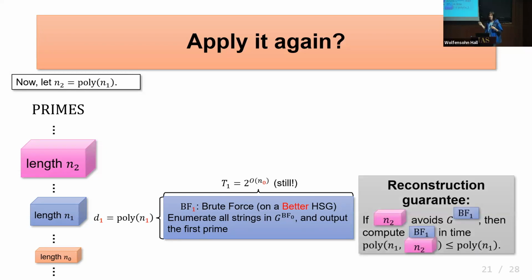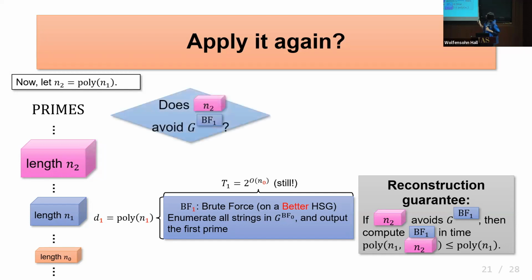And the reconstruction guarantee is still the same. We use the Cantor generator on brute force 1 to try to hit primes on length N2. If N2 avoids the generator, then we can reconstruct the output of brute force on length N1 in poly N2 time. So let's do the win-win analysis again. Does N2 avoid the generator based on brute force 1?